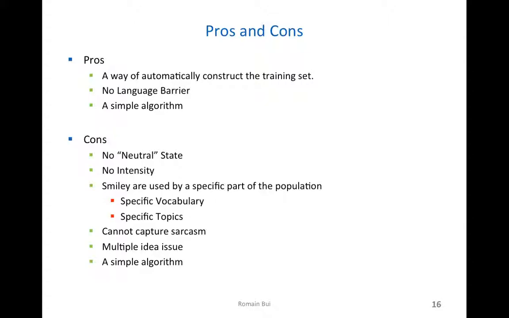One of the most important cons is really the smileys are used by a specific part of the population, mainly the young people. So they're using specific vocabulary, abbreviations more often on Twitter, and they're applying it to specific topics.